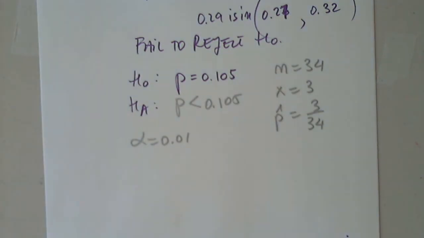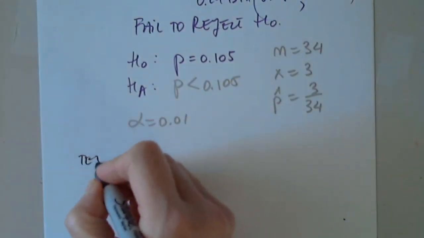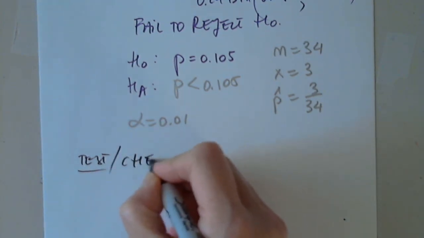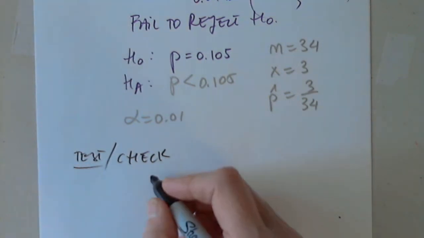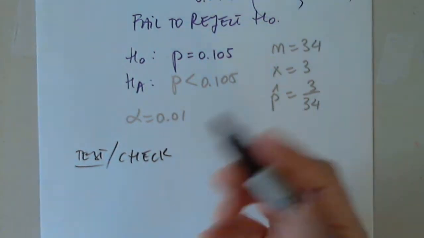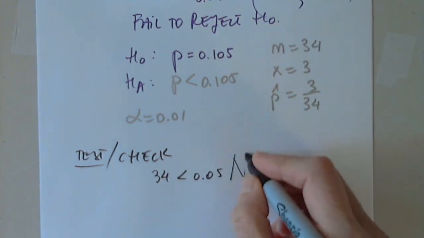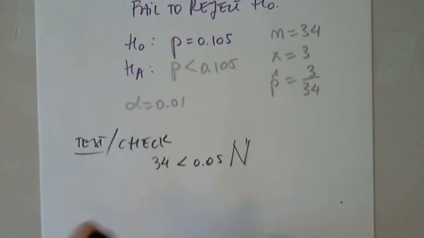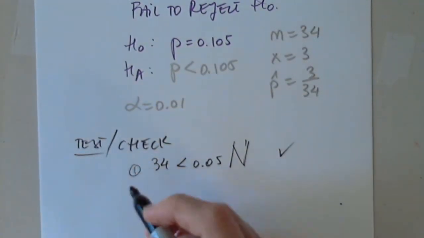Okay, so first thing I have to test the conditions. Or if you want better, say check. So the first one would be no problem, 34 is definitely less than 0.05 of the entire number of mothers. And obviously, independence is fine.